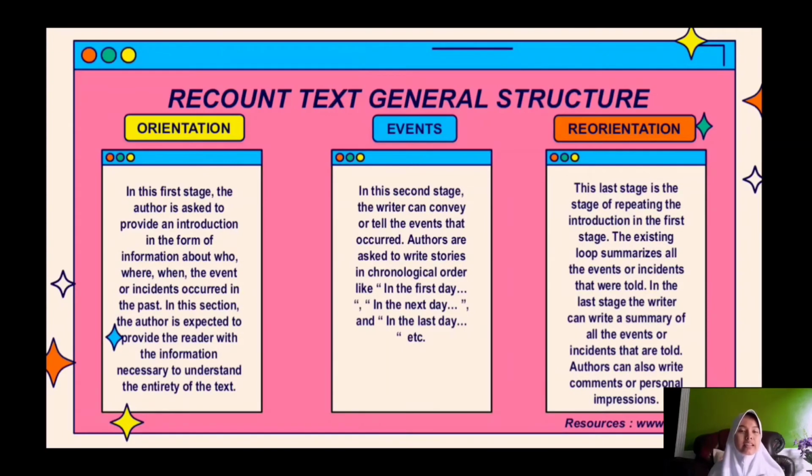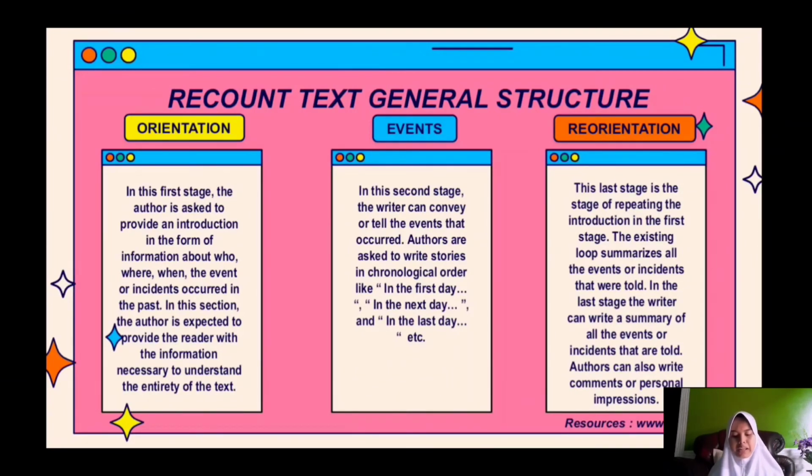The last is reorientation. This last stage is the stage of repeating the introduction in the first stage. It summarizes all the events or incidents that were told. In the last stage, the writer can write a summary of all the events or incidents that are told.